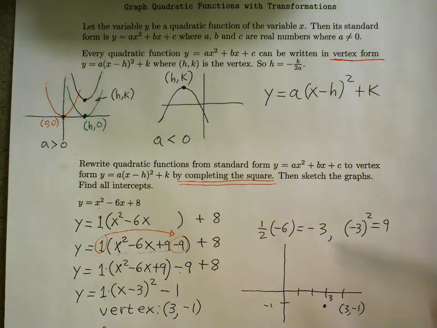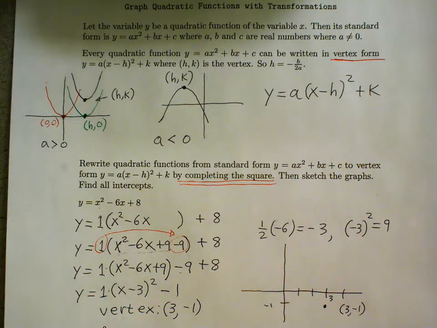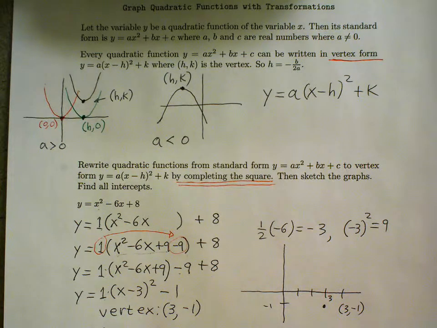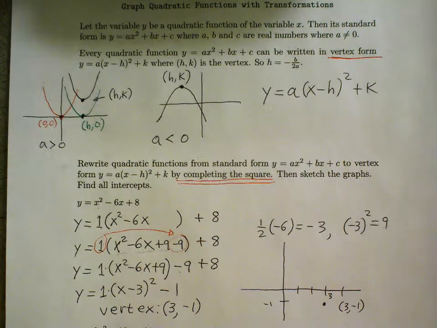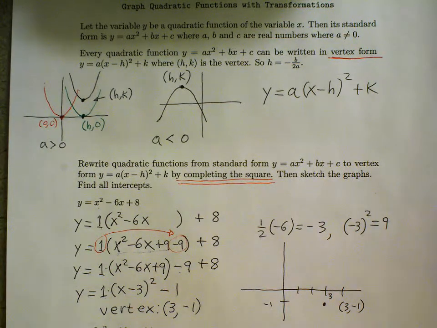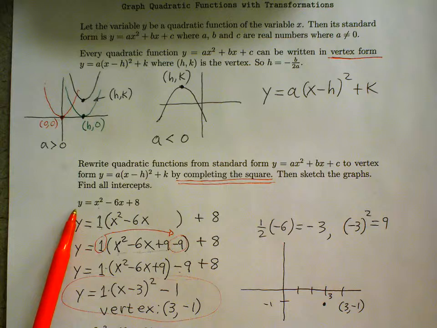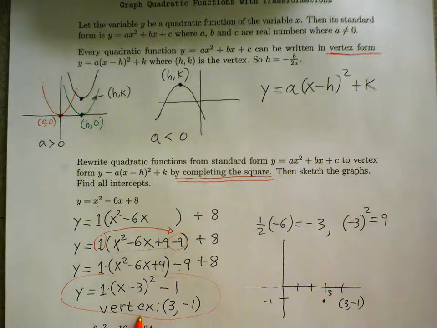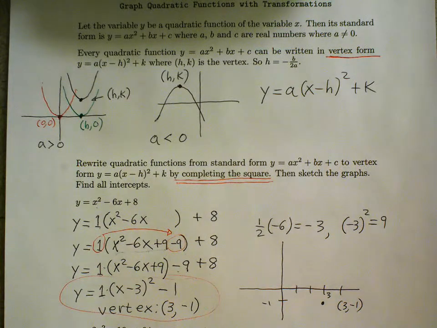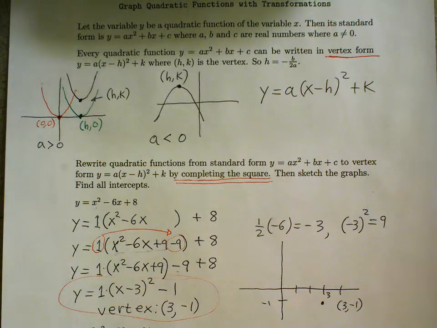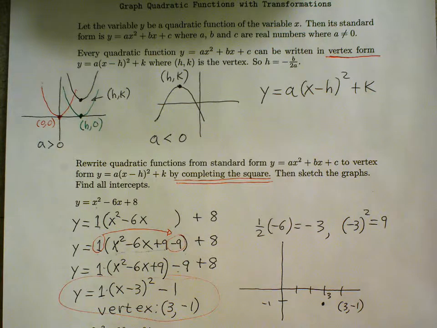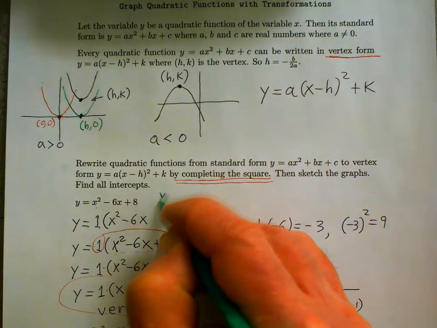We know the parabola opens upward, so we should find a couple of other points. This is primarily an exercise on writing a quadratic function, changing it from standard form to vertex form. But we still want to graph it. And we also want to find the x and y intercepts. So we can find the y-intercept the same way that we did yesterday.